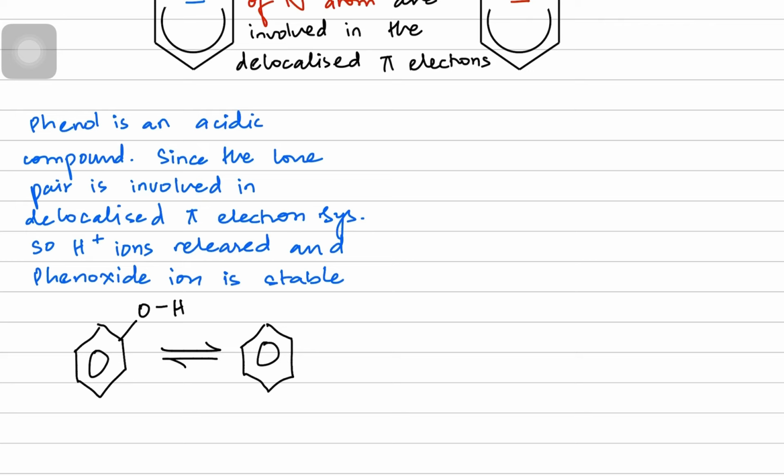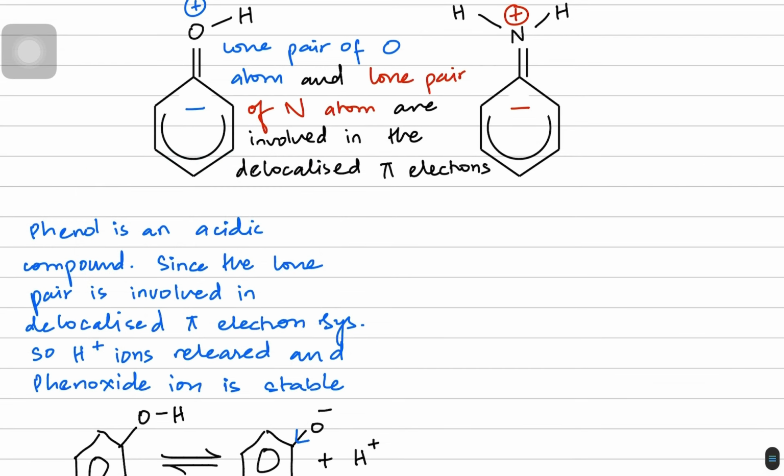So phenol dissociates in water and makes phenoxide ion, where there's a negative charge on the oxygen atom, and a hydrogen ion. Phenoxide ion is very stable because the negative charge is not just present on the oxygen atom, it is delocalized on the entire benzene ring. And that makes the equilibrium more towards the right side.